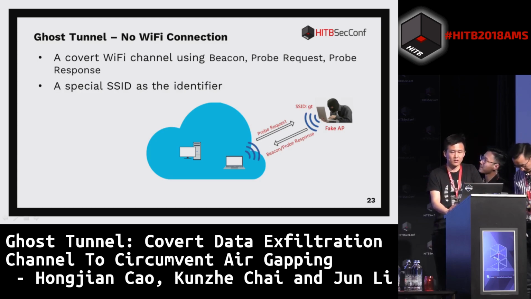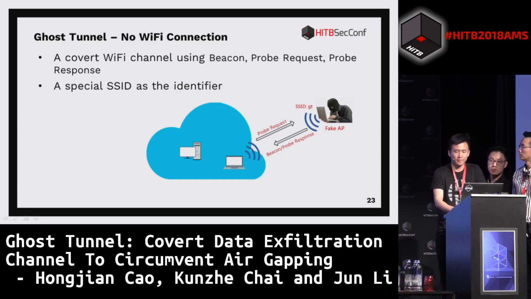Thus, the attacker can receive data through a probe request from the target device, and the target device can also receive data through beacon or probe response from the attacker.